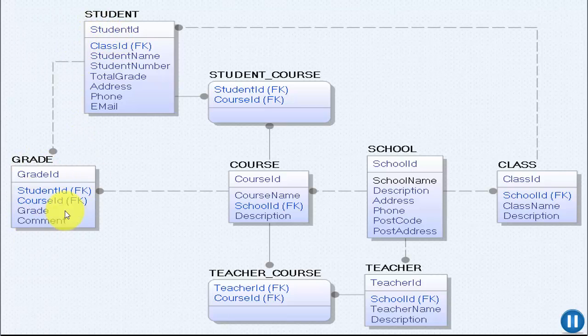Each student can get a grade in the different courses he takes. Also each school has a set of teachers, and each teacher is connected to one or more courses. This database model is made with Erwin, which we will introduce later.